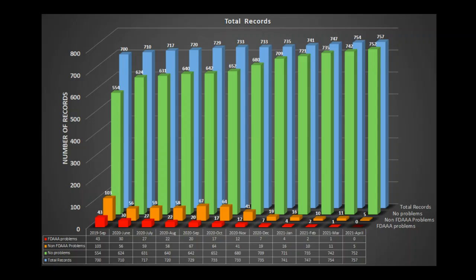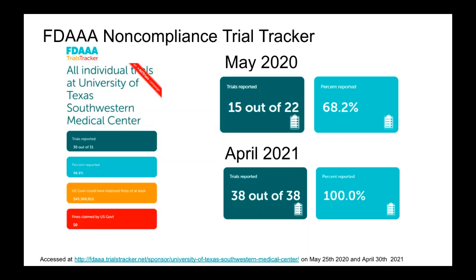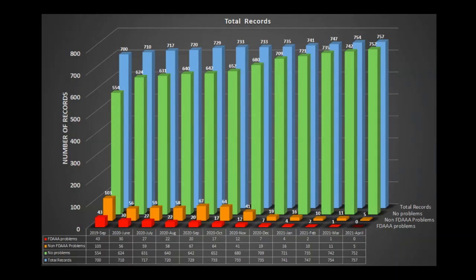Please be aware that UT Southwestern leadership is periodically reviewing the non-compliance tracker website. Because this is a public website, it is simply hurting UT Southwestern's reputation. So just be aware they're looking, and this list also names the PI as well.